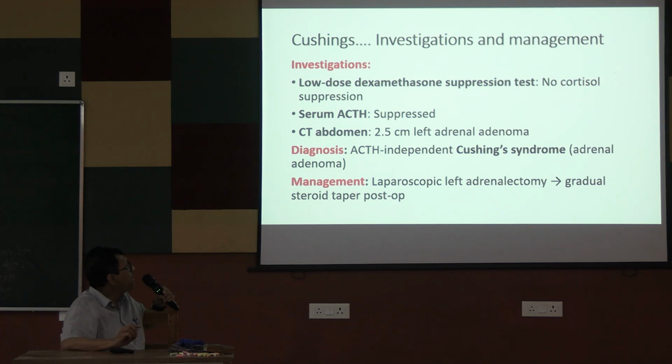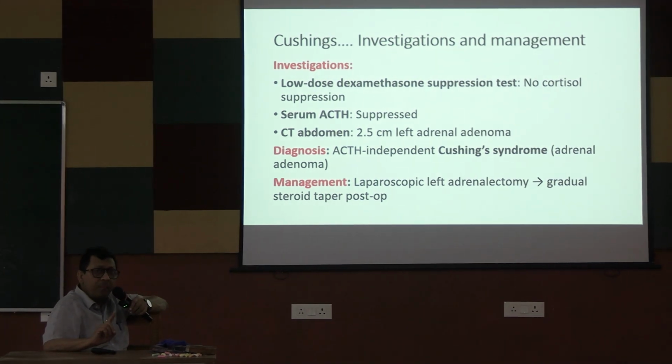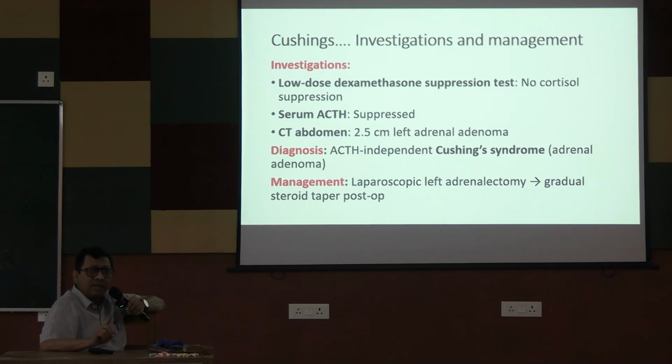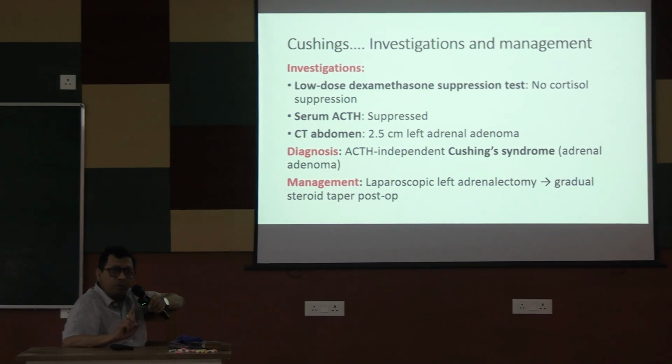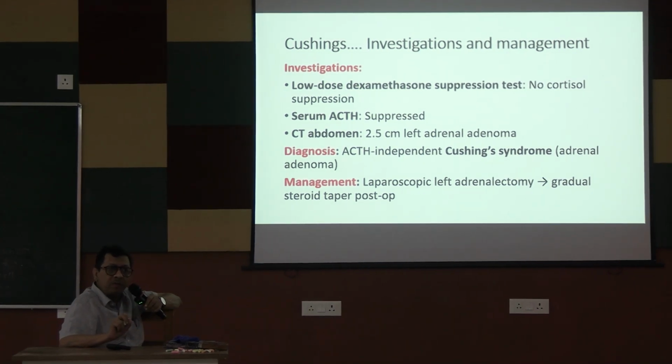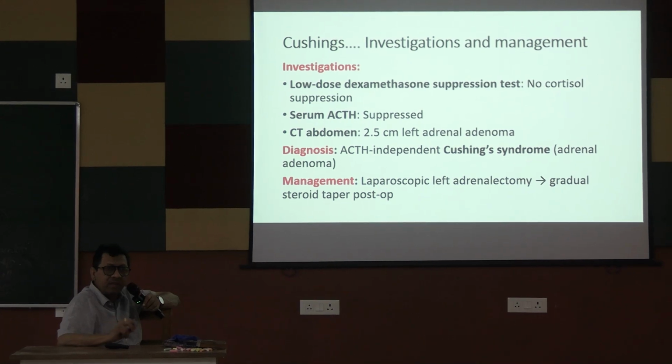So the diagnosis is ACTH independent Cushing syndrome, that is adrenal adenoma. And if there is any pathology in the pituitary, then this phenomenon will not be present, and we will have to look for any hypersecreting adenoma in the pituitary and treat the problem. In that case, our target will be the pituitary.